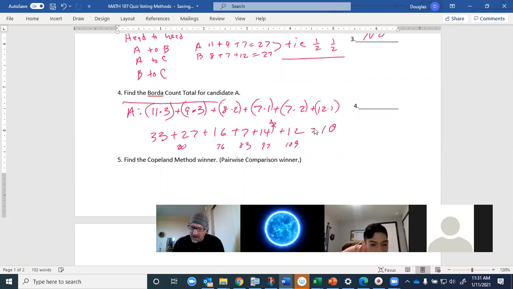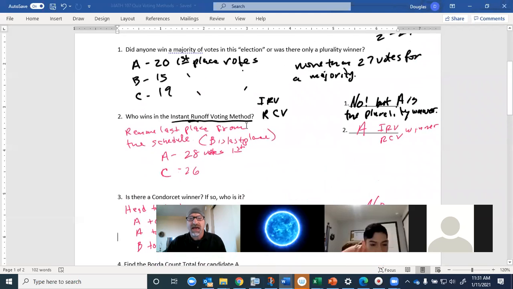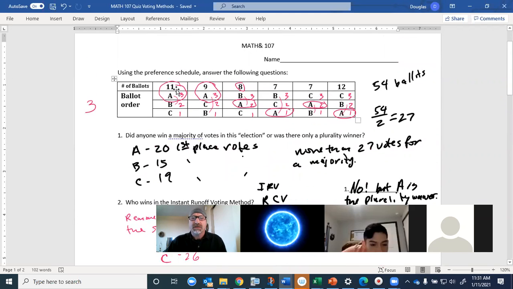So they get 109 points if they do the Borda count method. Now, in order to find a Borda count winner, you'd have to do that for every candidate. B would have 11 2-point votes, 9 1-point votes, 8 3-point votes, 7 3-point votes, 7 1-point votes, and 12 2-point votes.